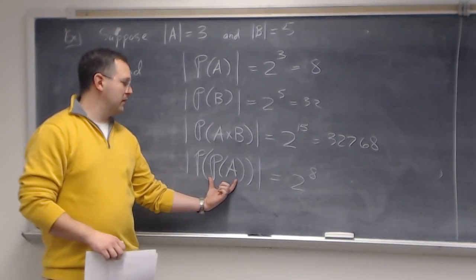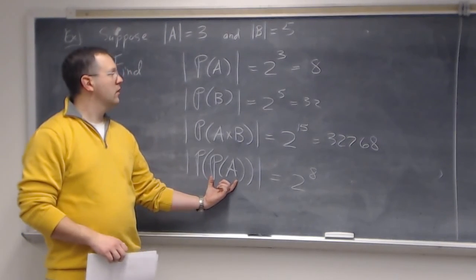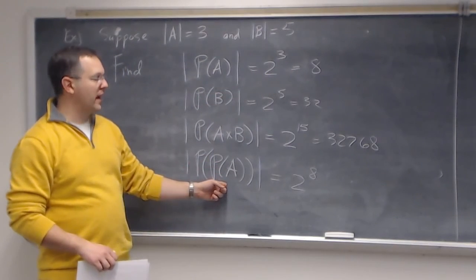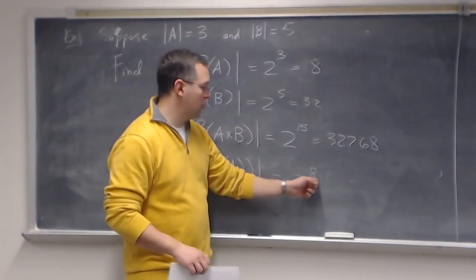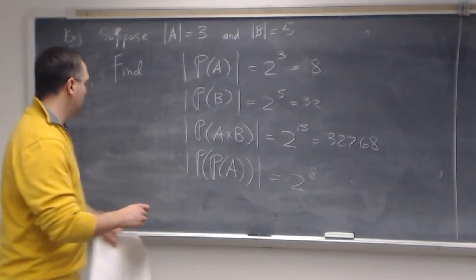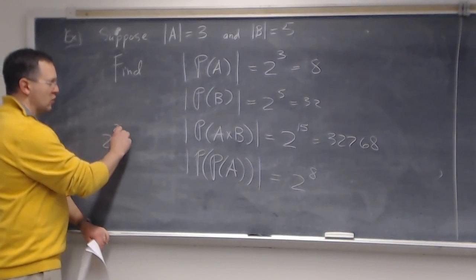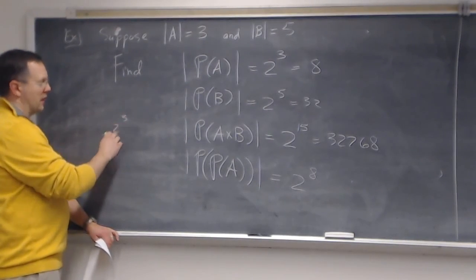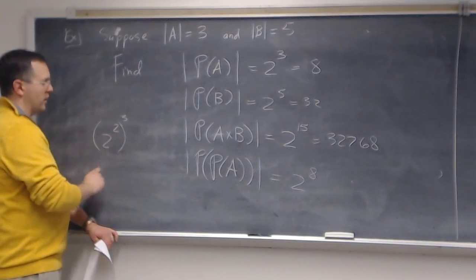So, how many elements does the power set of A have? 8, right? So the power set of any set with 8 elements will have 2 to the 8 elements. Okay? So you see what he was saying, 2 to the 2 to the third. Is 2 to the 2 to the third the same as 2 squared to the third?